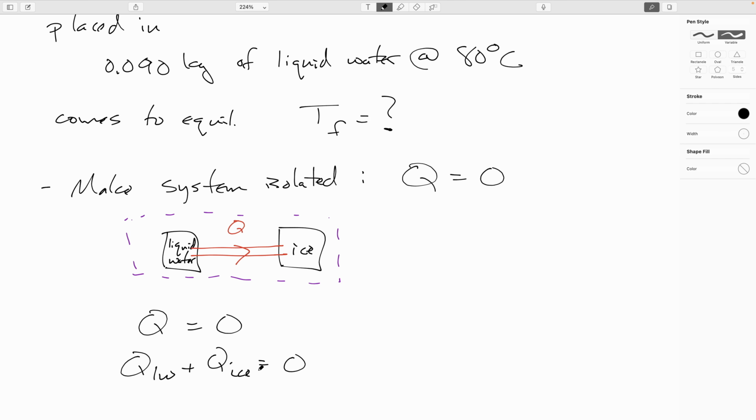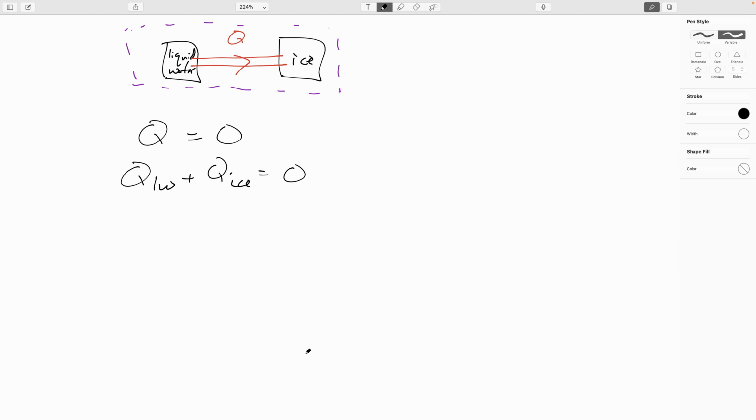Actually, let's just say ice, just to be super careful here. Now, one of these has clearly got to be negative, but we'll just let the math address that. So step by step, let's first figure out the heat transferred into the liquid water. Well, that will be the mass of the water times the specific heat of liquid water, I'll put an L there just so we know we're talking about liquid water, times the change in temperature of my liquid water.